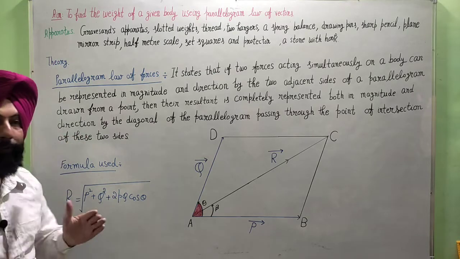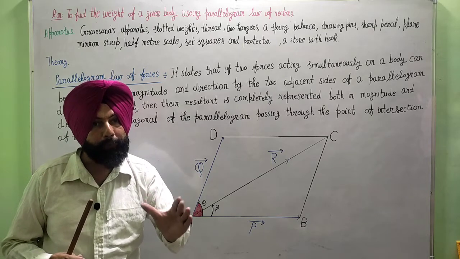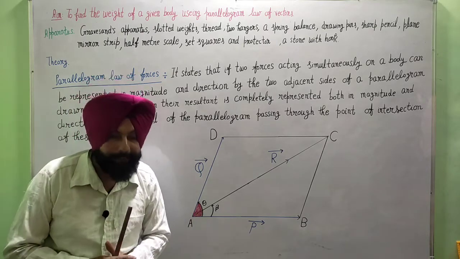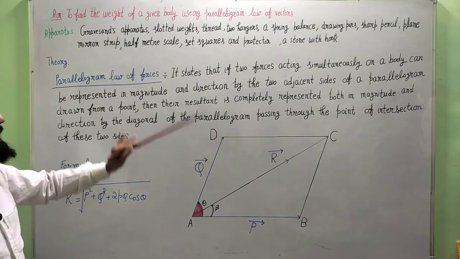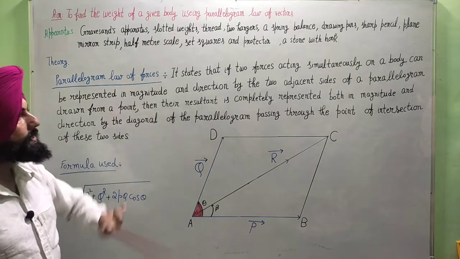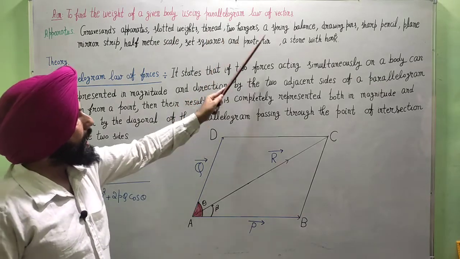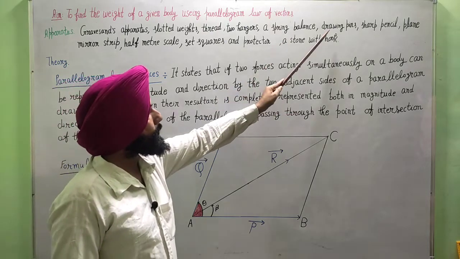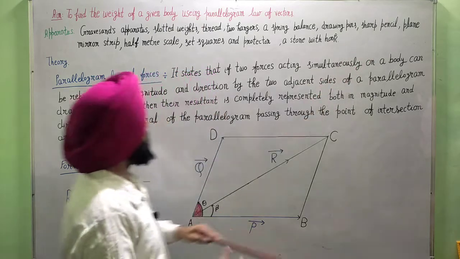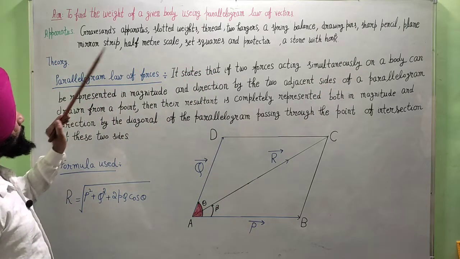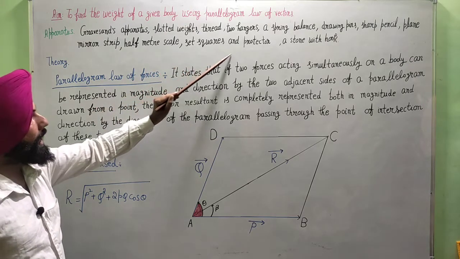Now, first of all we will discuss what apparatus is used in this practical. Gravesend apparatus, slotted weights, thread, two hangers, a spring balance, drawing pin, sharp pencil, plane mirror strip, half meter scale, set square and protractor.